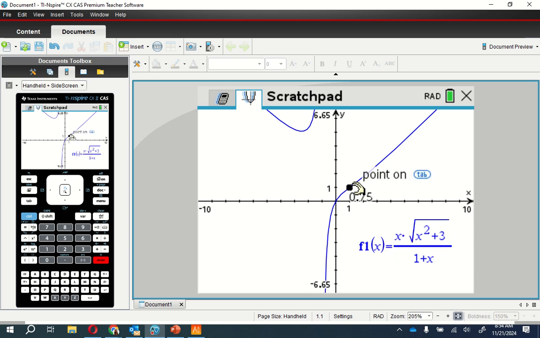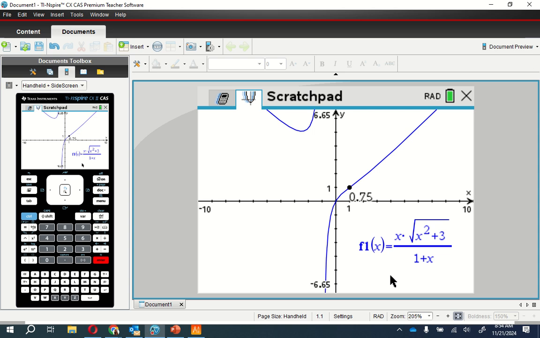So I told it I want the point when x is 1, 0.75. Isn't that my 3/4? There you go. That's basically what I have to do there. So I could put it into the calculator, tell my calculator to give me my dy dx. At the singular point, I get the slope.